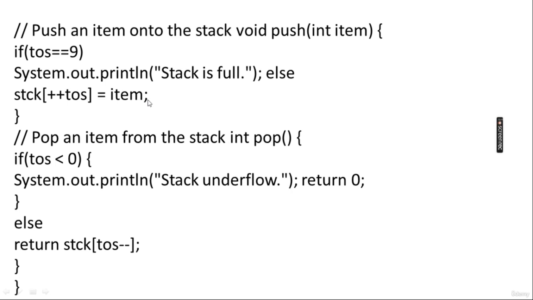Pop an item from the stack. If top of stack is less than 0, the stack is underflow and return 0. Otherwise, return stack of top of stack minus minus. So first of all, the element at the top of stack is popped and then its value is decremented by 1.